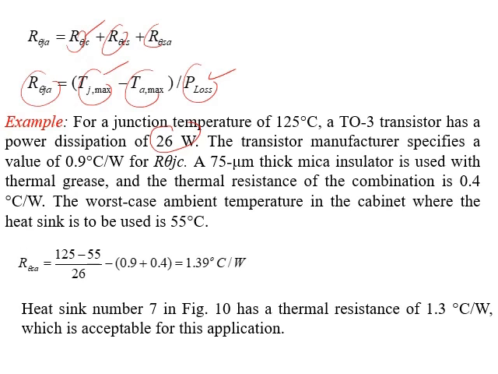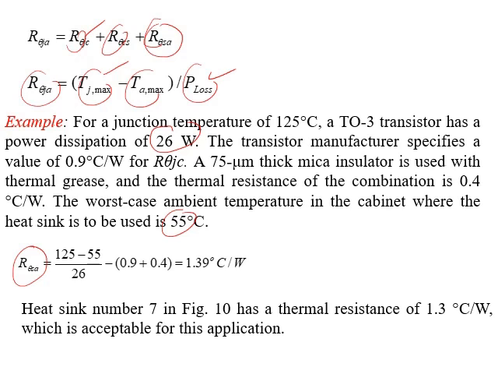So he gave me also the theta for sink to ambient. The worst case ambient temperature in the cabinet where the heat sink is to be used is 55. So he gave me the temperature of the ambient. Now, I substitute in this formula, theta junction to ambient.